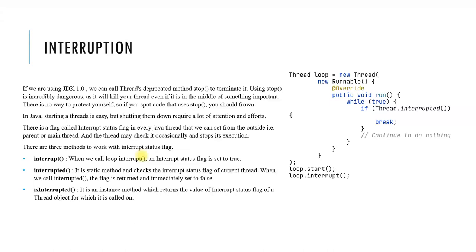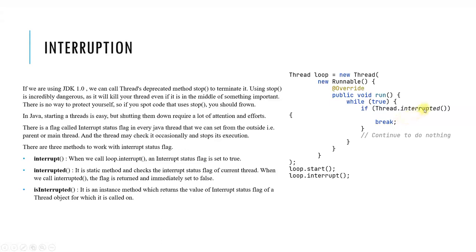So using the interrupted method, which is a static method, we can find out if this thread was interrupted from the other thread. When we call interrupted, the flag is returned and immediately set to false.